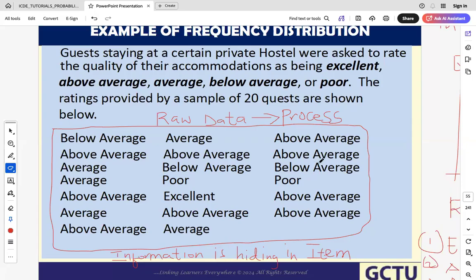We are going to use the 8 columns and we are going to process this data using the FDA, frequency distribution analysis. That is what we are going to use to process this data in order to have information.